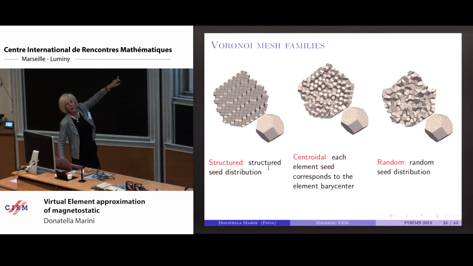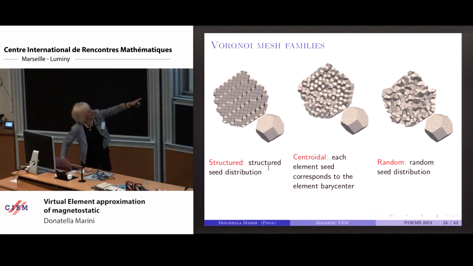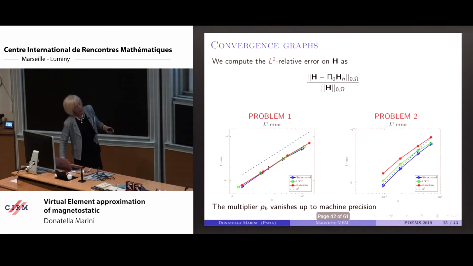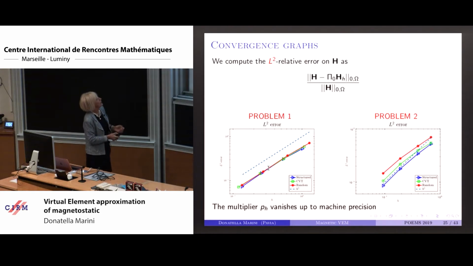These are examples of the meshes that were used for the octahedron, from the more structured to the less structured, to the random one. And here we computed again.